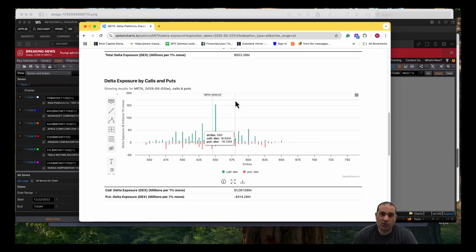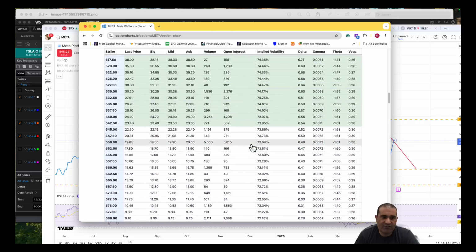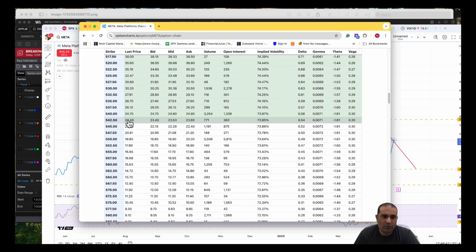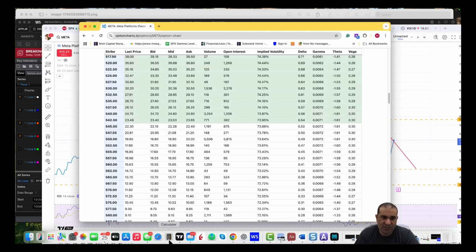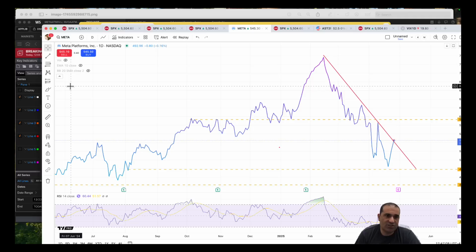And so if we go here and look at the option chain, if you go to the 550 call, what you see here is that they're trading for $23. So if you take the stock trading at 542, and then you take the 550 call and add $23.48, what it tells you is that by the end of next week, you need the value of Meta to be above 566 to start earning a profit.